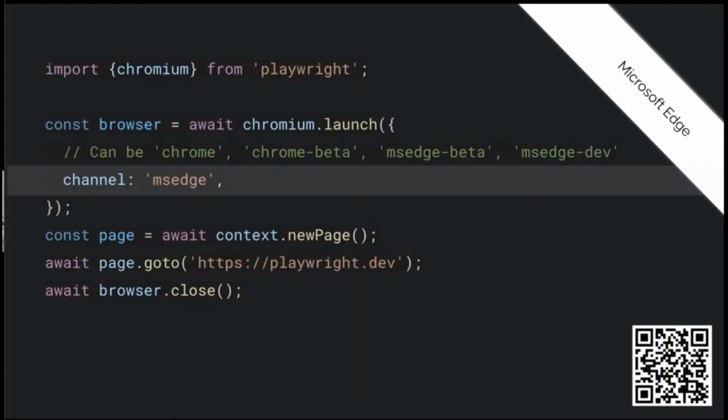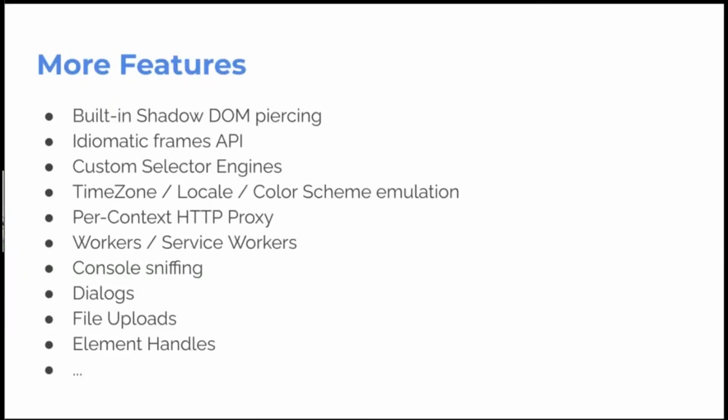Okay, so actually we have much more features than this. The most noteworthy one is the built-in Shadow DOM piercing. And we know that Shadow DOM causes a lot of trouble for us web testers. All the smart selectors that I showed you a few slides back work seamlessly with Shadow DOM.